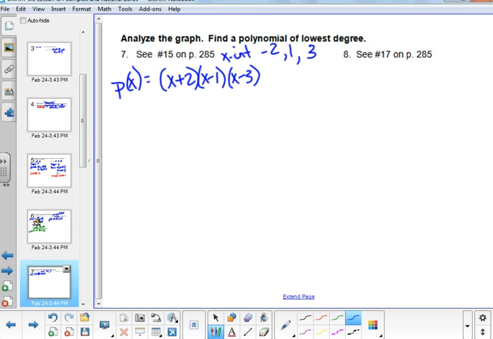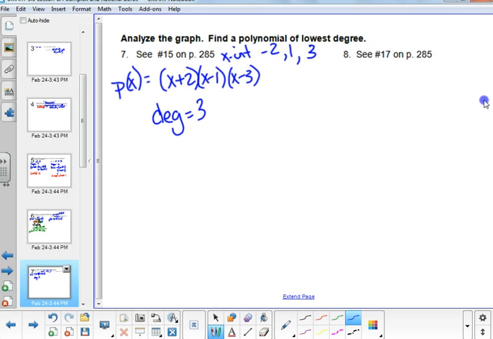Now again, on your worksheet you're going to have for homework, they are going to want your answer distributed out into standard form, but the directions in the book here say leave it in factored form. And then it says indicate the degree of the polynomial. First power, first power, first power added together, so the degree is a third degree polynomial. Again, they had us assume that it was the lowest possible degree, so we're assuming there's no weird imaginary answers.